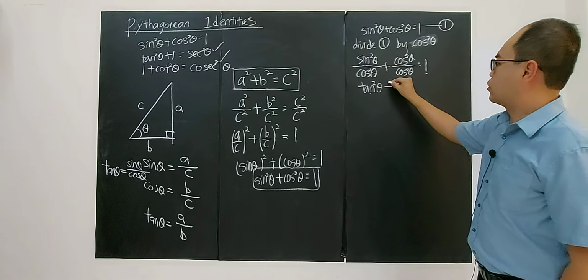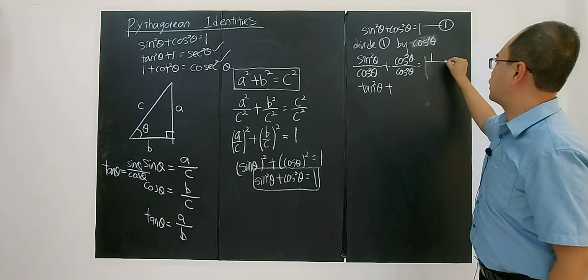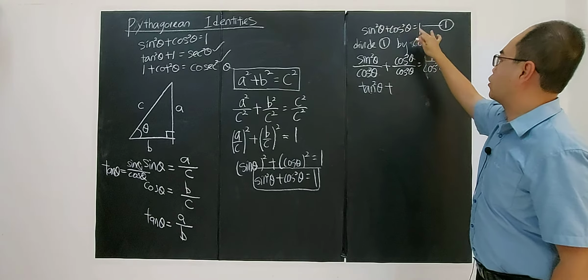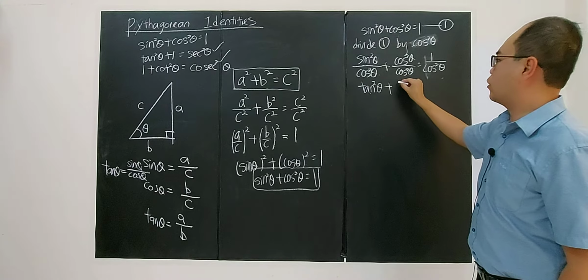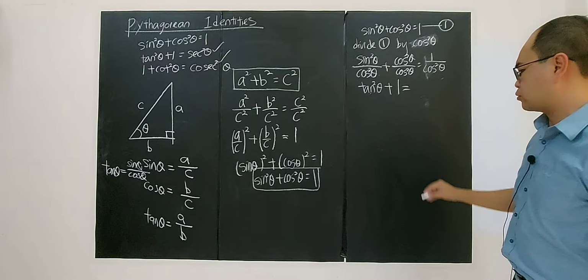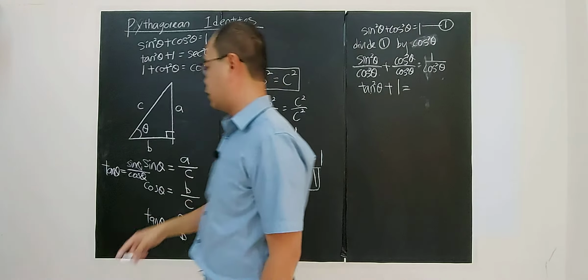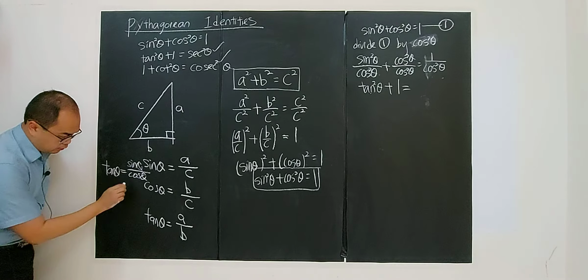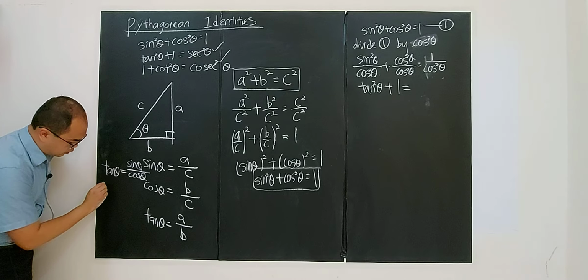Cos square over cos square gives you 1. And 1 over cos square: you need to understand the reciprocals.